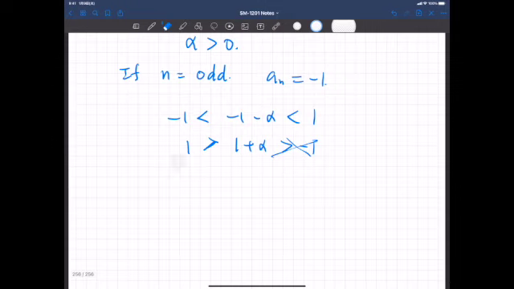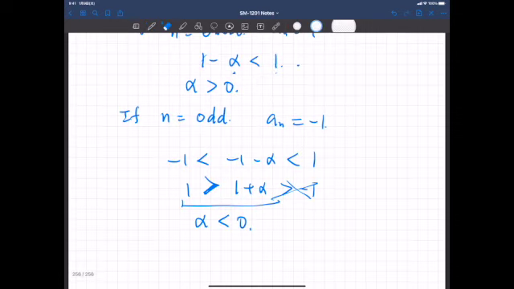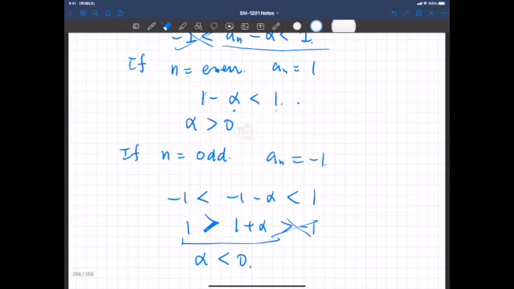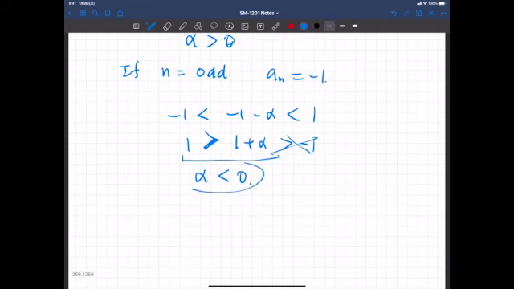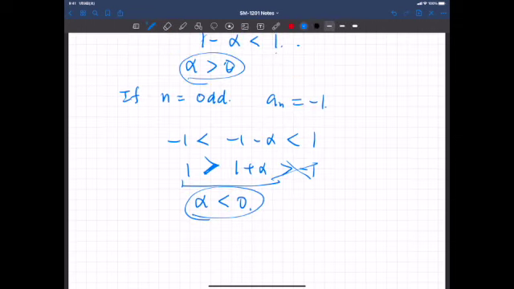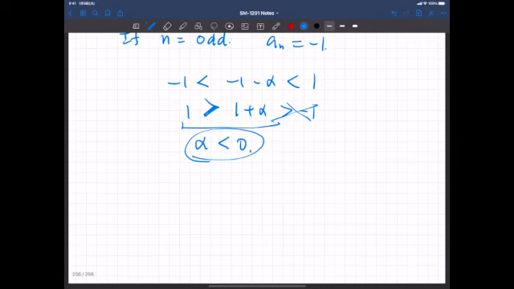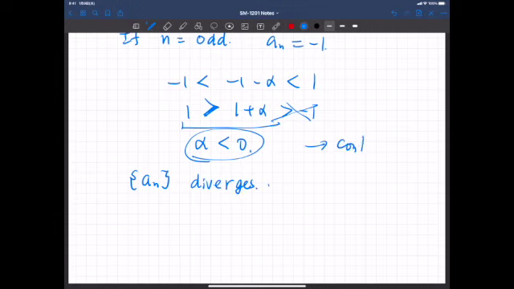So from the first inequality, we have alpha less than 0. So alpha is positive as well as negative, which is obviously a contradiction. Therefore, the sequence an does not converge. It diverges.